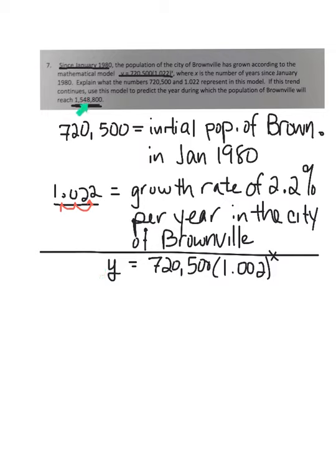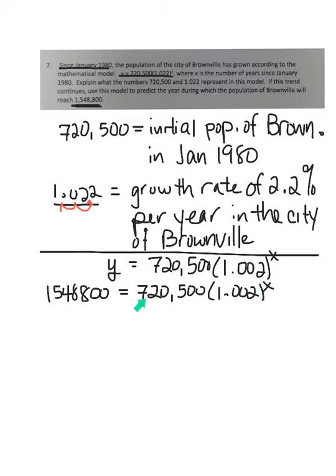And since what they gave you here is population, we're going to put that number right in here. And then remember, what we normally would do is we would try to get the variable that we're solving for, which would be the x, by itself. Now remember, it's an exponent. I don't see any e's here, so we won't be ln'ing. But if we have an exponent, we know that we're going to be logging.